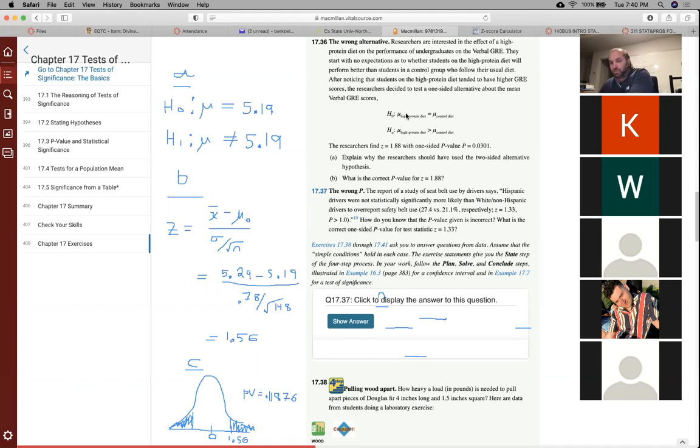Anyone? What's the p-value in question 37? What do they tell you it is? No, z is 1.33, not p.